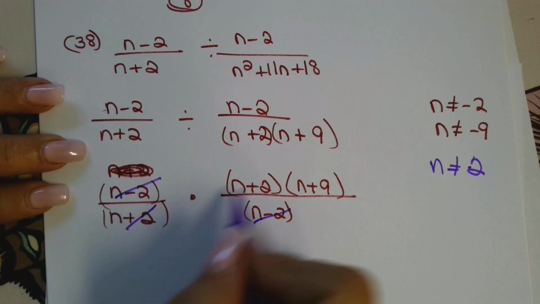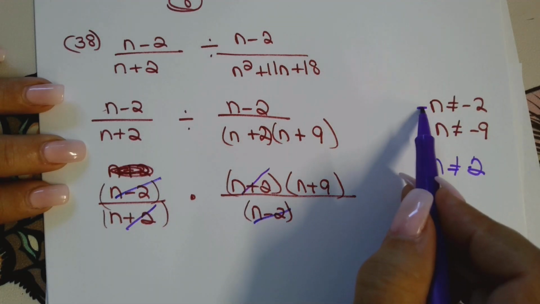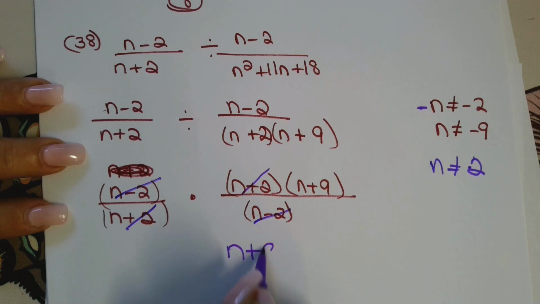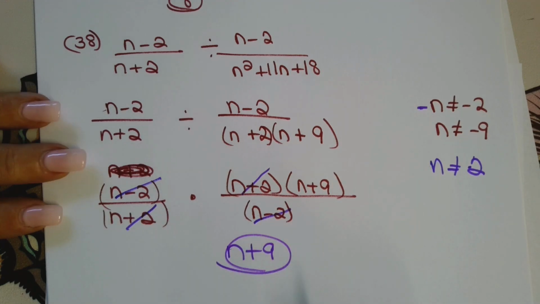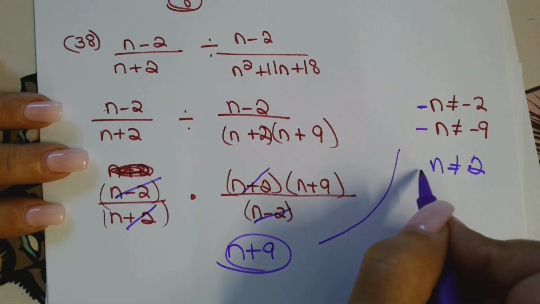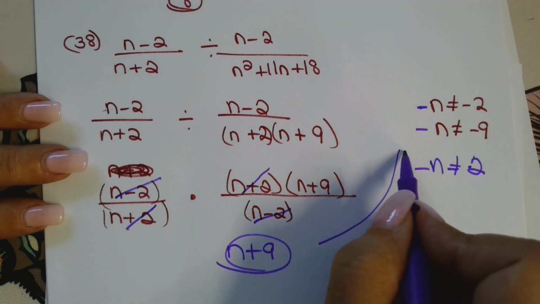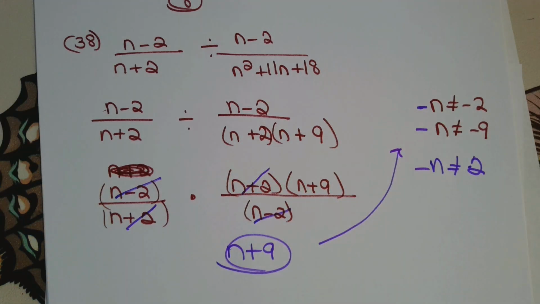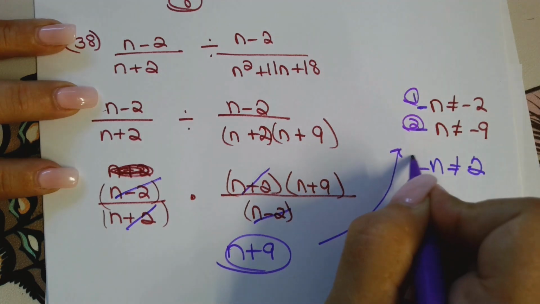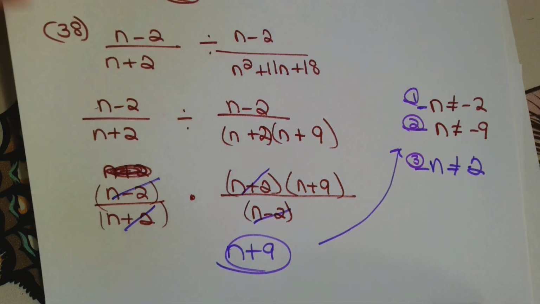We have the n plus 2, n plus 2. So n cannot be negative 2. And we are left with n plus 9 for number 38. And you have actually 3 exclusions. Again, you're not responsible for the exclusions, but just know that those are the ones. There's 3 of them. 1, 2, and 3.